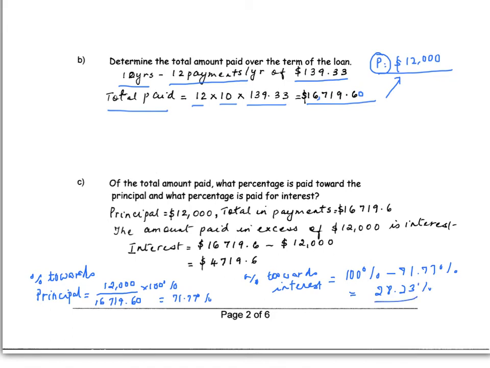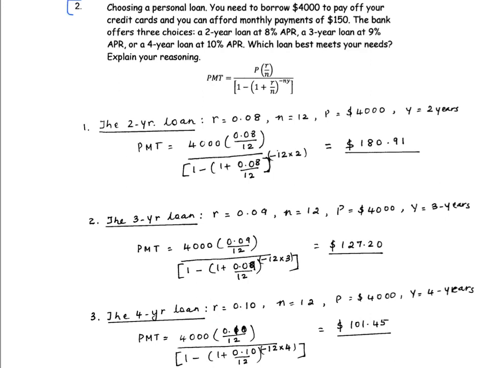So out of the total amount that we paid, $16,719.60, which really pays off our loan, 71.77% is the principal and 28.23% is the interest.